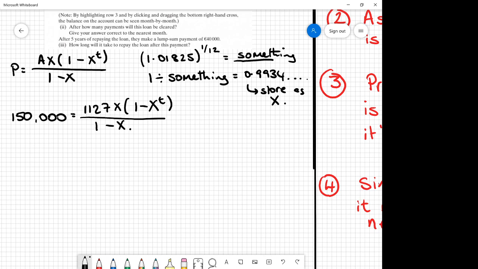And multiplying across, we'll get 150,000 times (1 minus x) all over 1127x is equal to 1 minus x to the power of t.